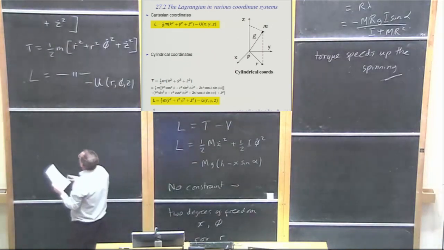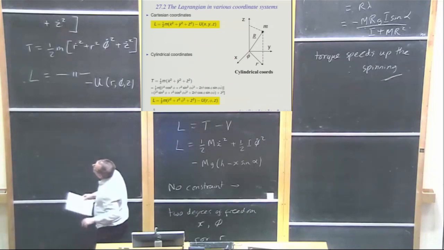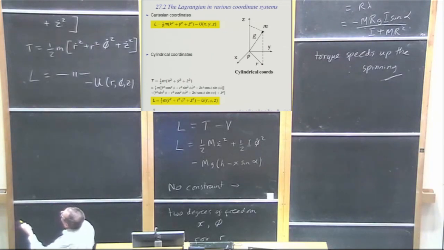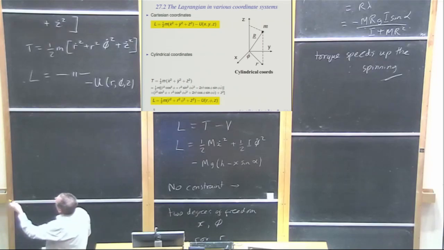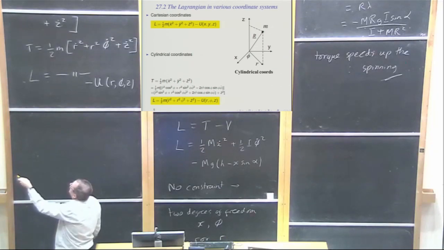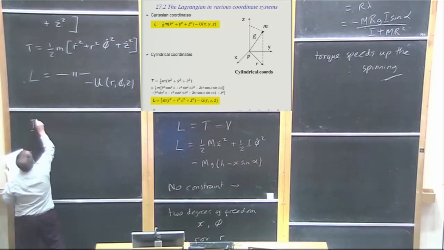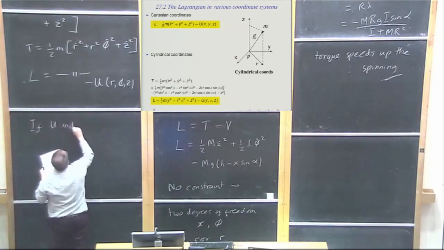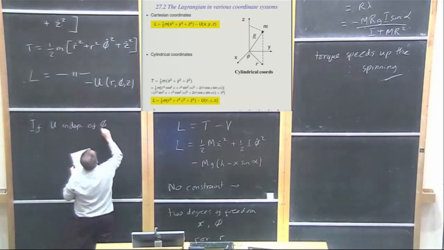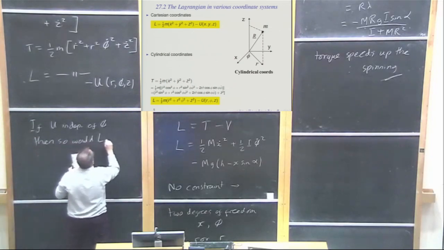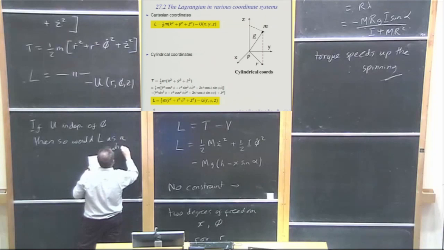Just a remark to ram home this point about cyclic coordinates. If we note that the Lagrangian depends on r, and then these r dots, phi dots, and z dots, but this kinetic term doesn't depend on phi. Now, in principle, you could dream up some weird potential where it did depend on phi, but if you are independent of phi, then so would the Lagrangian as a whole. And you know what that means.